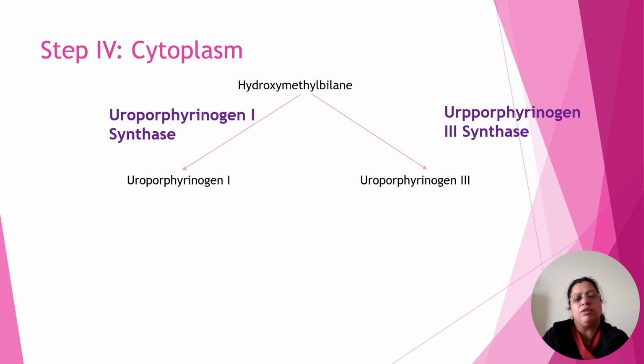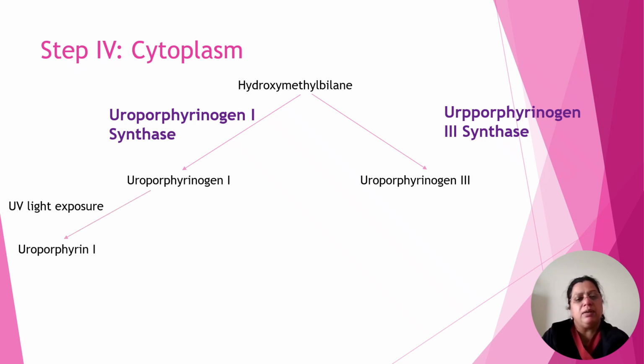In the major pathway, uroporphyrinogen 3 synthase leads to the formation of uroporphyrinogen 3, and in this you can see, in the fourth ring of the pyrrole, the position of the side chains is reversed. Propionic acid in place of acetic acid and acetic acid in place of propionic acid. So this is the major pathway. So most of the hydroxymethylbilane goes into the major pathway and leads to the formation of uroporphyrinogen 3. Now these are the true porphyrins, uroporphyrinogen 1 and uroporphyrinogen 3.